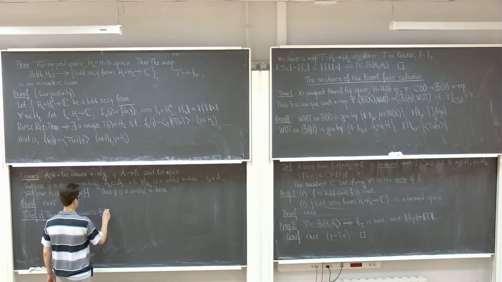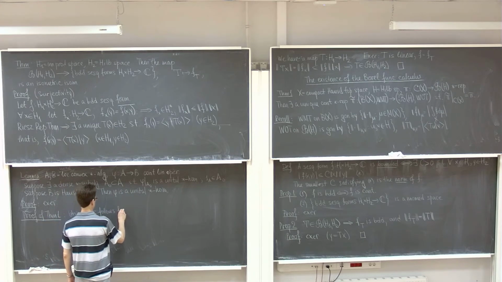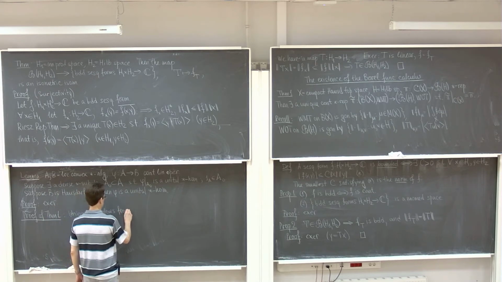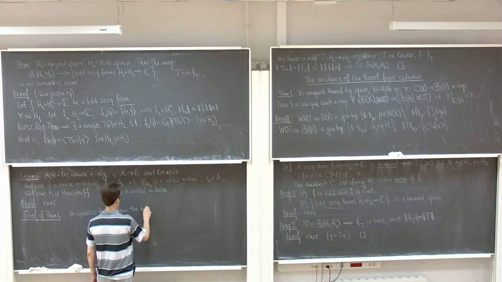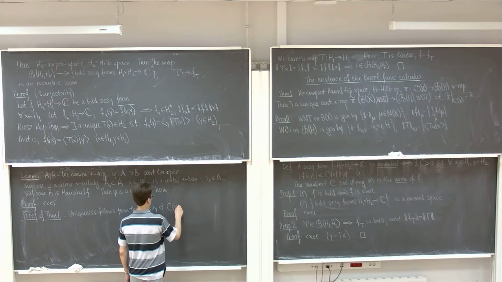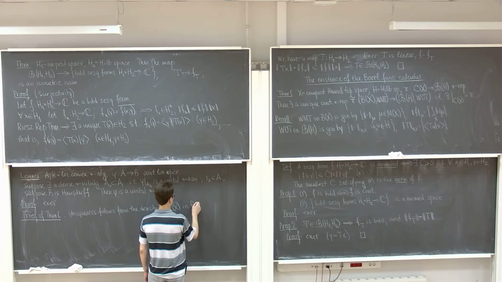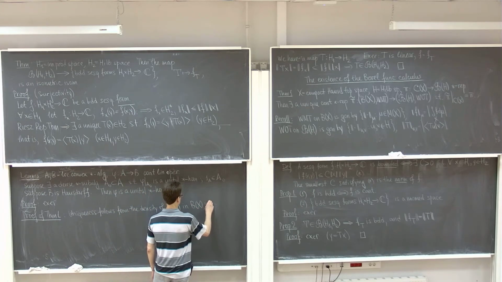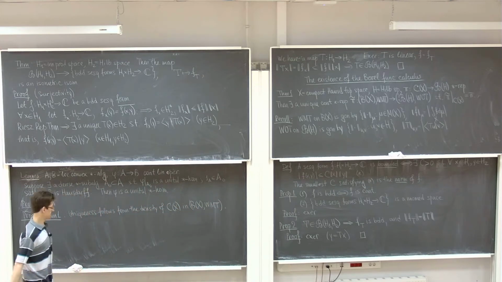Uniqueness follows from the density of C of x in B of x with respect to the weak measure topology. So let's prove the existence.